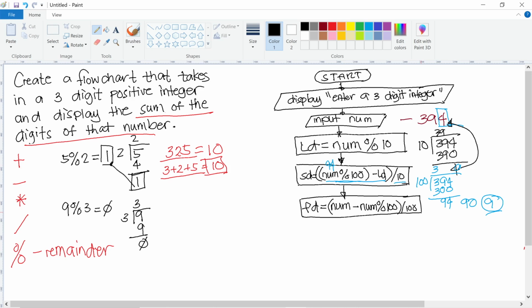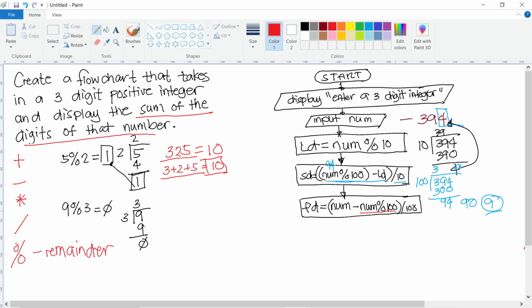Do you understand this operation? Let's have this operation first. Take note, the modulo operator is of the same level as multiplication and division.